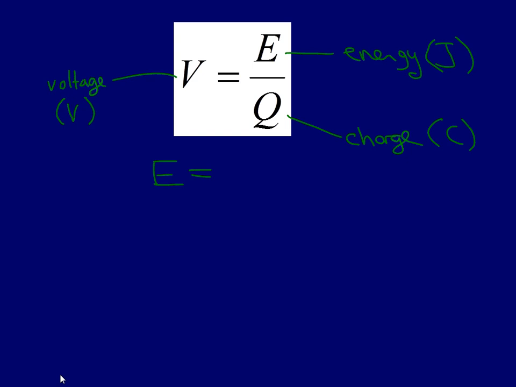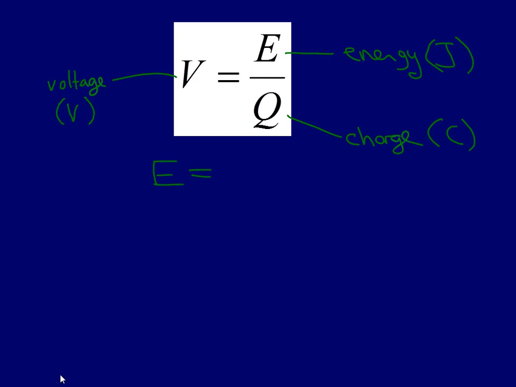This was a division over here on this side. I've got to bring it to this side so that I can get the E by itself. When we move that to the other side, remember it does the opposite calculation.